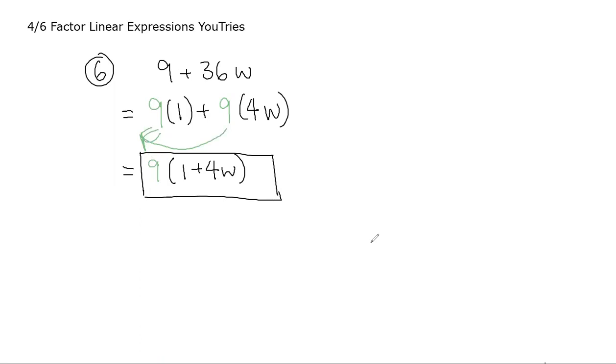If you want to be a real stickler for stuff, we do like to have the variables come first in an expression. So you could rewrite this as 9 times the quantity 4w plus 1. That's just a convention that people like to follow.